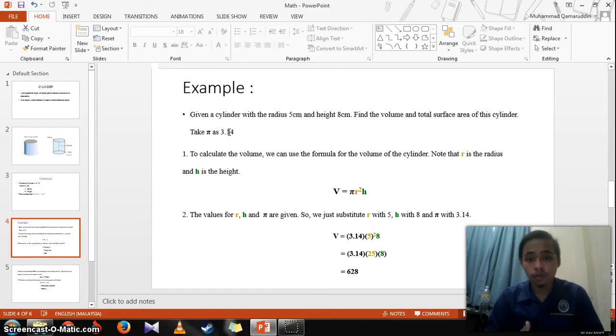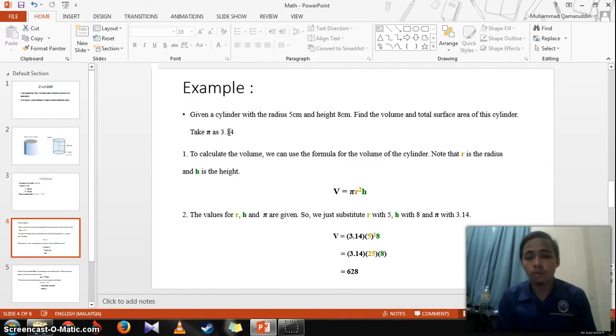The formula for the volume is pi r squared h. The values for r, h, and pi are given, so we just substitute r with 5, h with 8, and pi with 3.14. Basically, you just substitute all the values given into the formula.